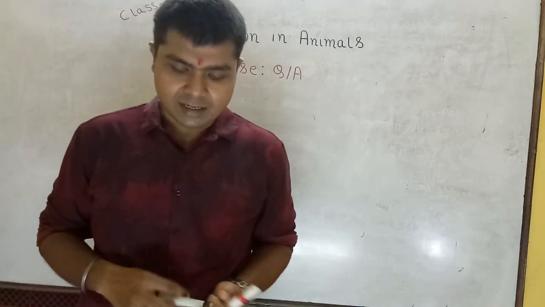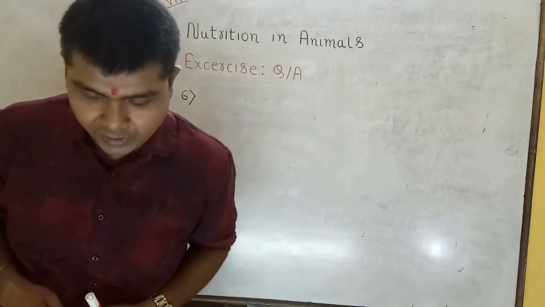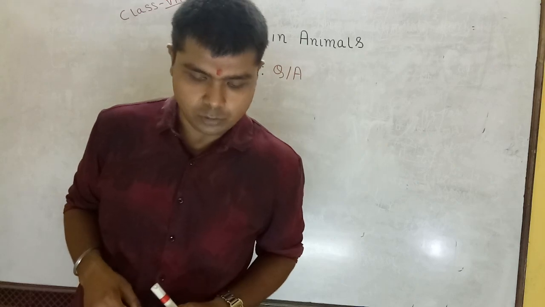Question number 7. Name the type of carbohydrate that can be digested by ruminants but not by humans. Give the reason also.